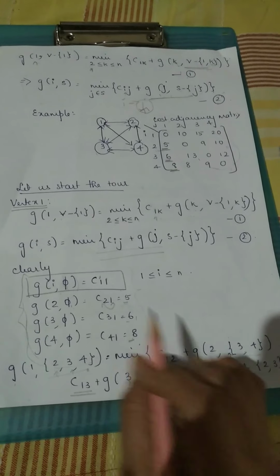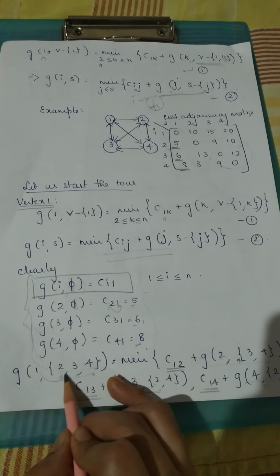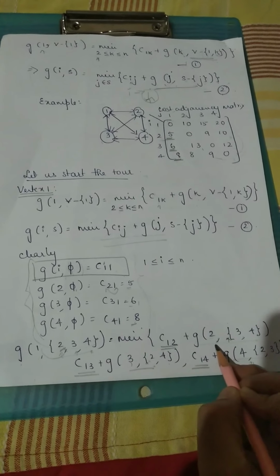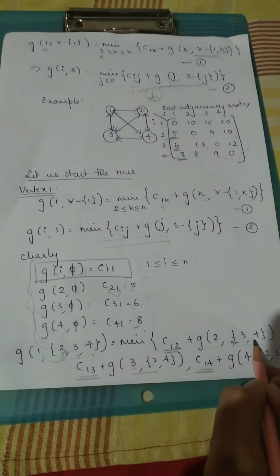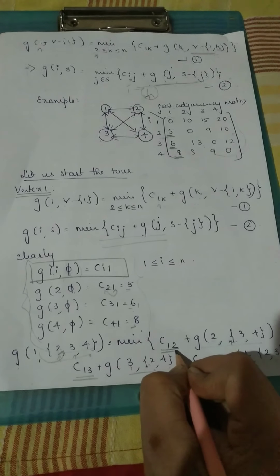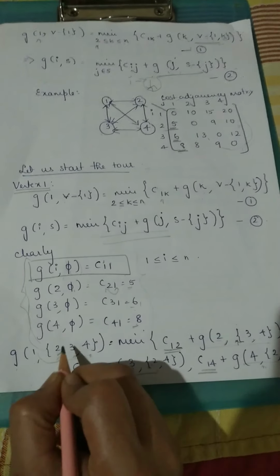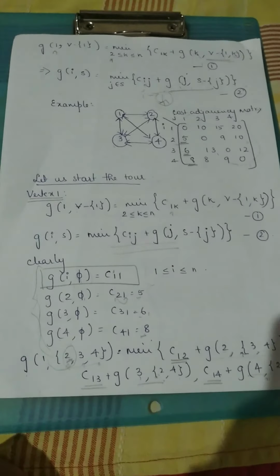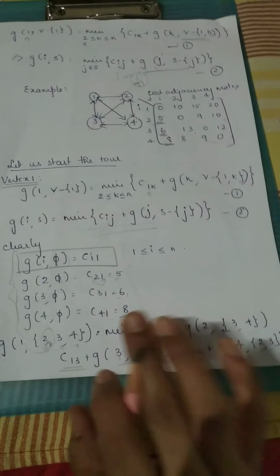Here it is. Minimum of C of I, K. Now, 1 to 2 plus G of 2 comma {3, 4}. See, ith vertex to jth vertex. Next, we need to find the minimum cost from the jth vertex to the remaining vertices. That is his next tour.